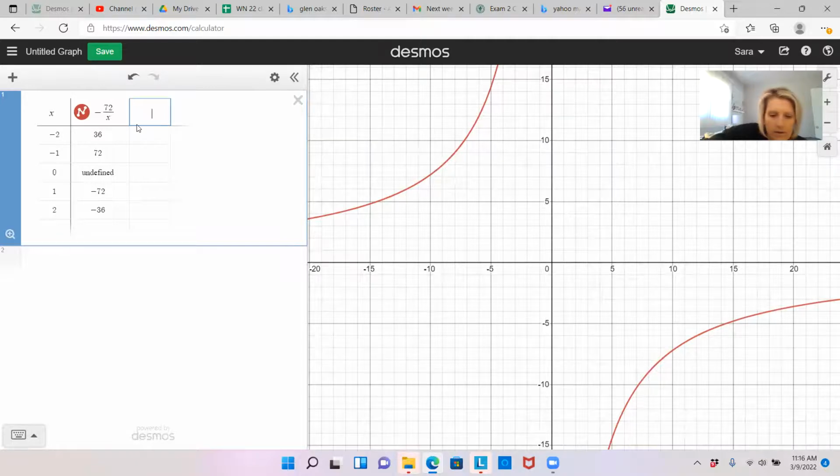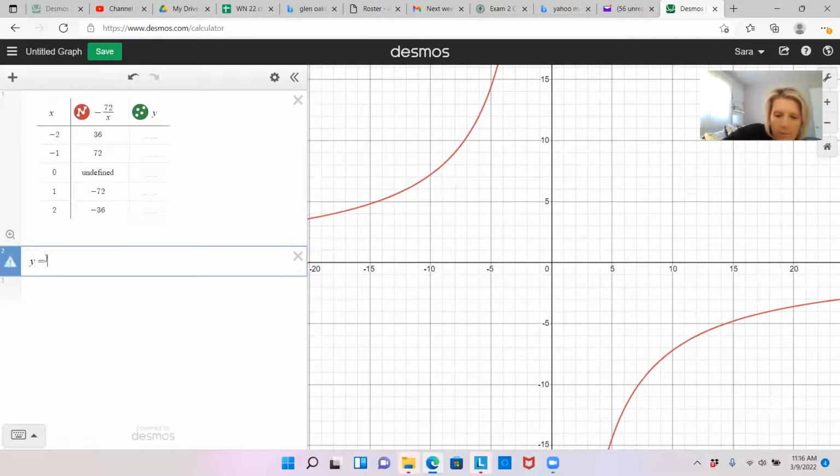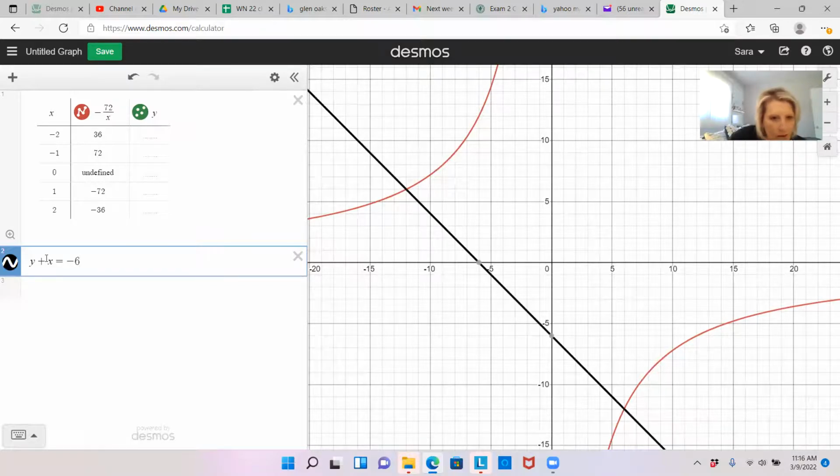So we want y plus x to equal a negative 6. Okay, so we want y plus x to equal a negative 6.